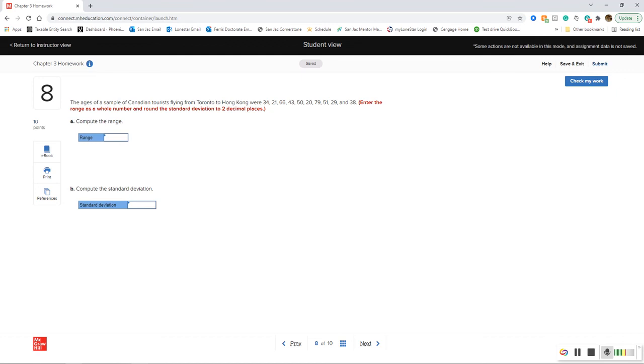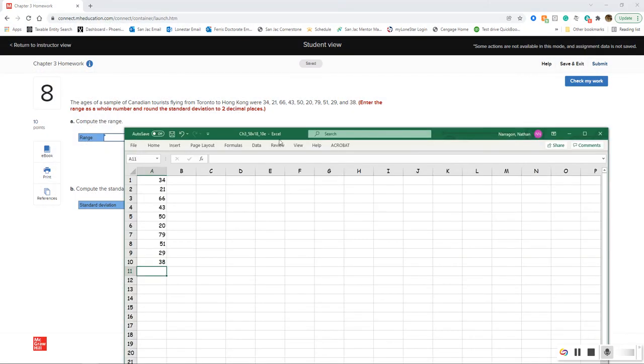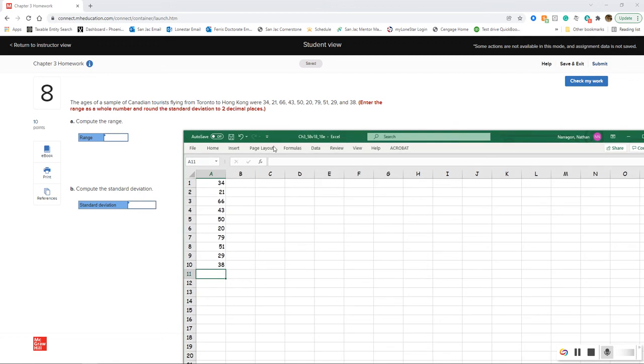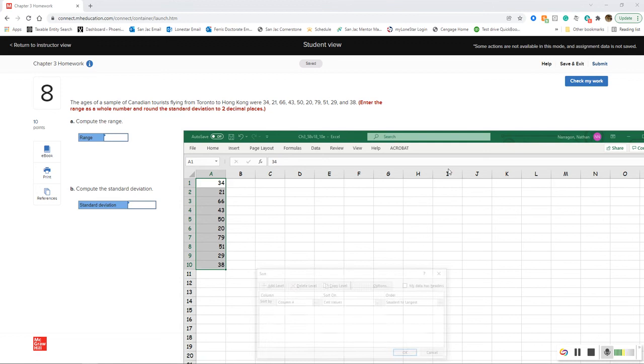I'll show you what. Alright, back to our Excel. Okay, double check, make sure we got all the numbers in. We should have 1, 2, 3, 4, 5, 6, 7, 8, 9, 10. I got 10 numbers, they're in. First thing we need to do is create the range, which we need to sort the data.